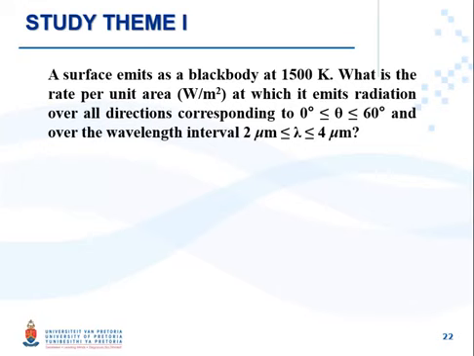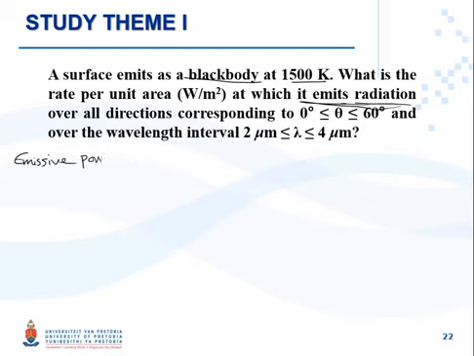Okay, so we know the black body, we have the temperature. What is the rate per unit area at which it emits radiation? So what is it asking? Rate per unit area emitting radiation is asking for emissive power.